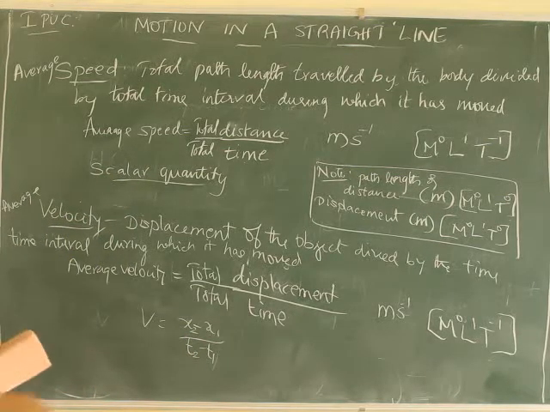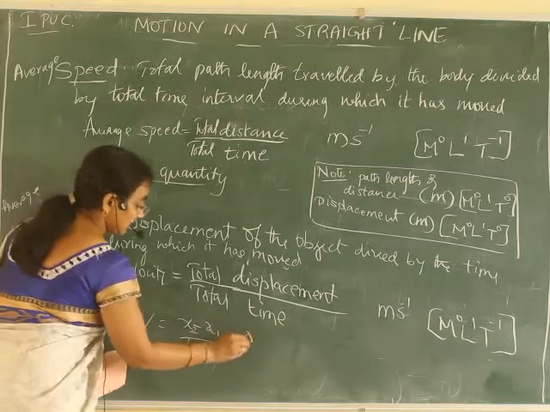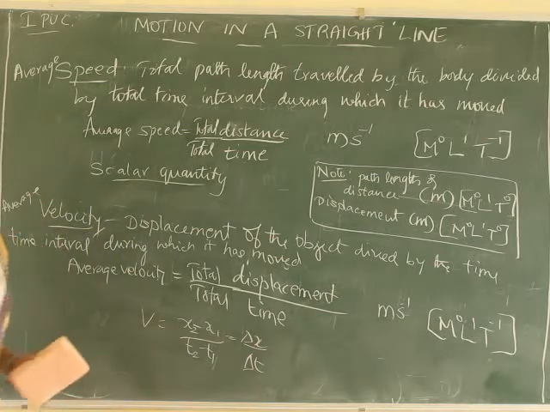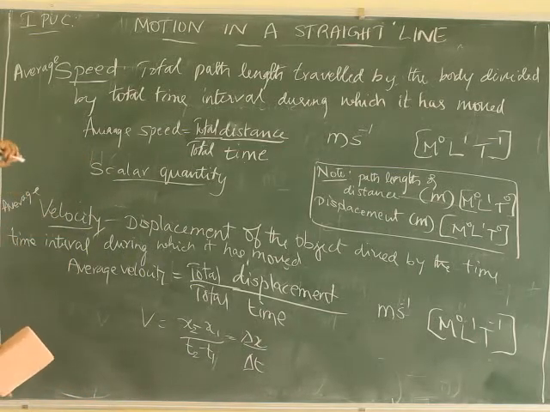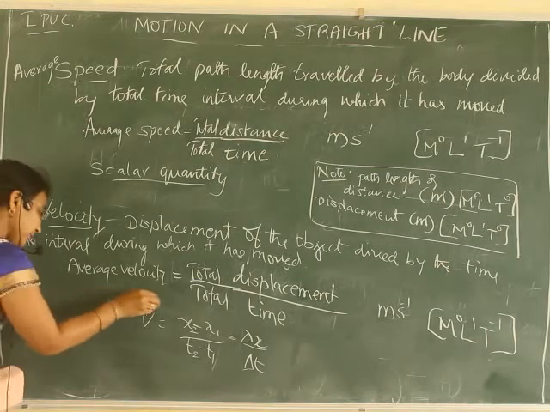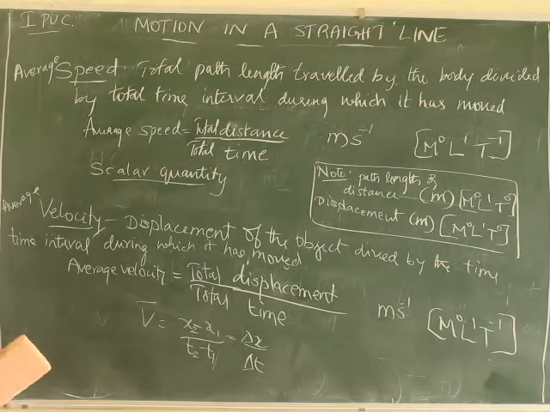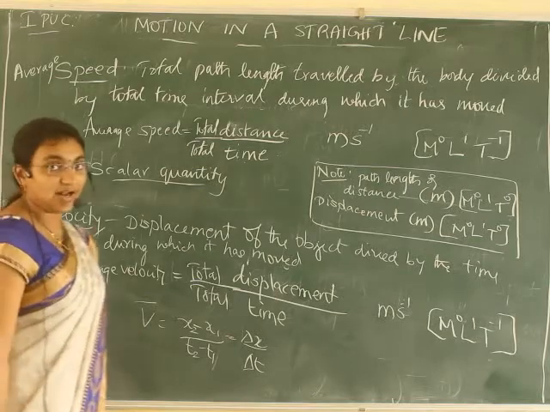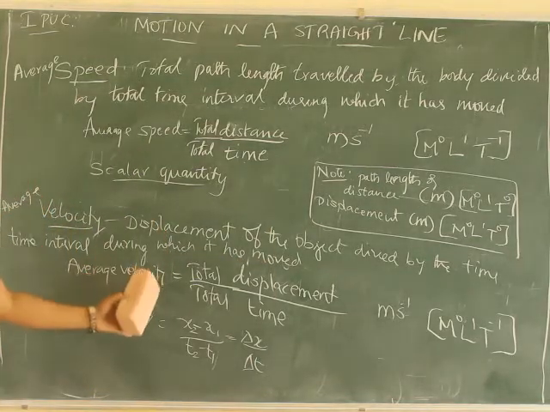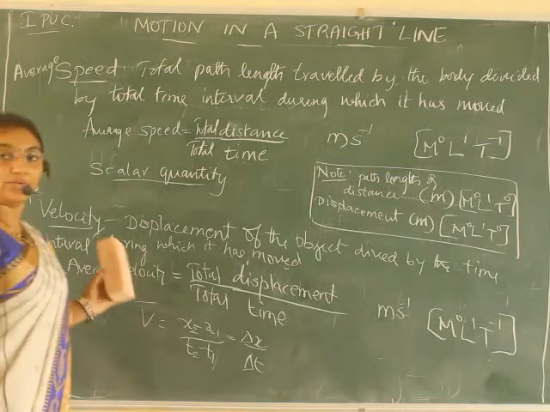So we write it as delta x by delta t. This is how we write the formula for velocity: v is equal to x2 minus x1 by t2 minus t1. Since here we are speaking about the average, we put an overline. So average velocity is v with a bar over it.